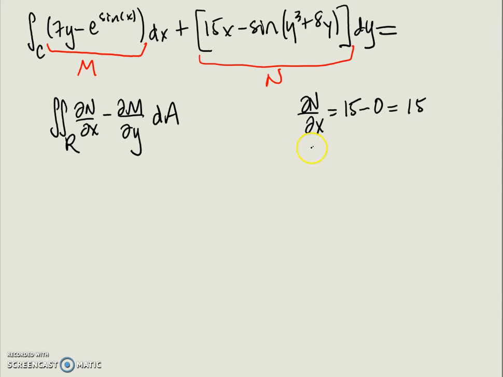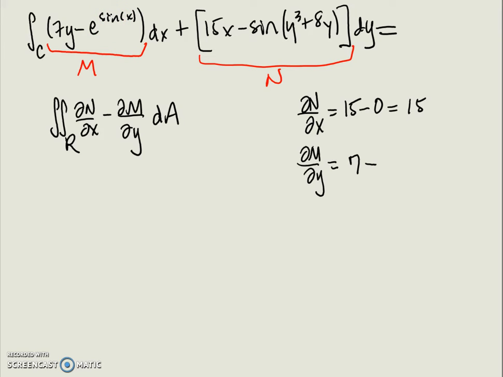Now, the partial of M with respect to y, let's do likewise. In M, our first term is 7y, so the partial derivative with respect to y is 7, minus the partial derivative of our second term with respect to y, and notice that the only variable in our second term is x.